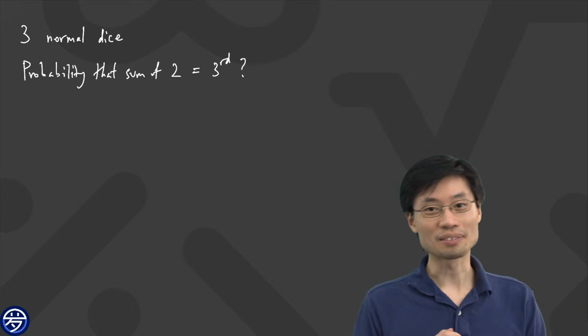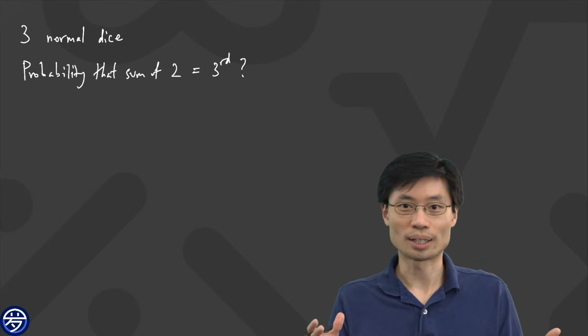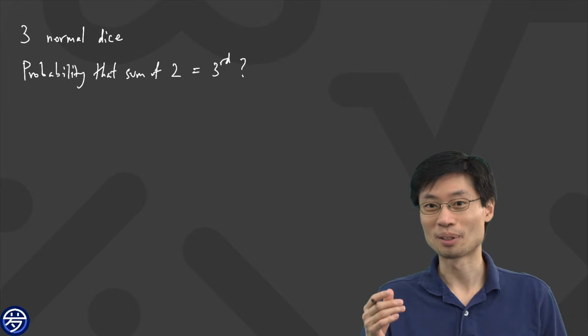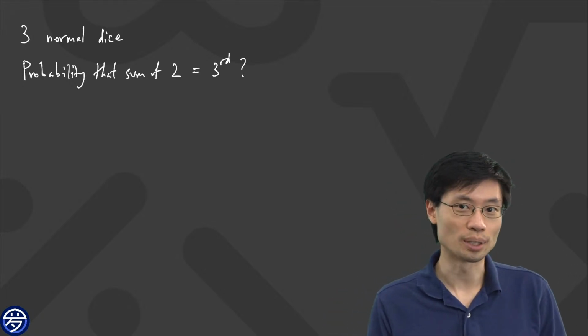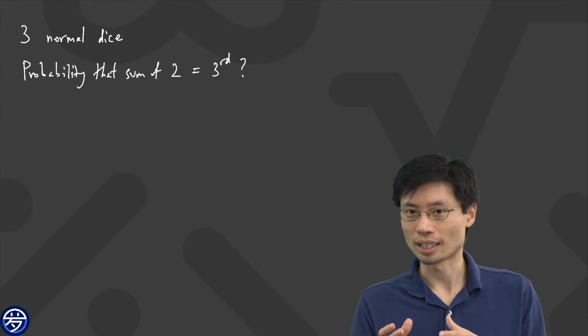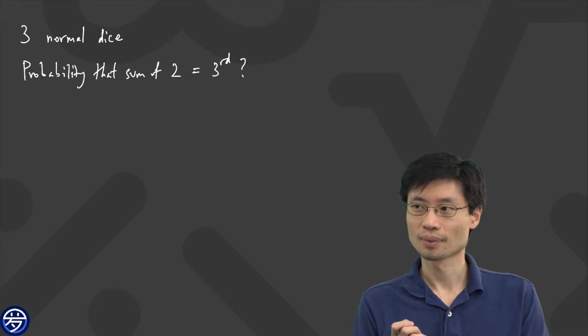Okay. With all of these questions, what we have to do is figure out the number of things that work divided by the number of possibilities. You're saying casework. It might be, it might not be. Let's go and find out. So if I want to do this, I also realize I need to be careful of order. Or do I?